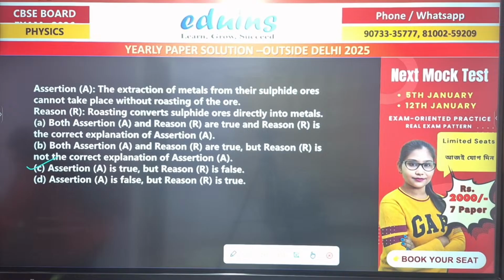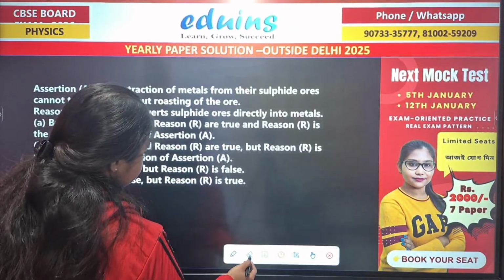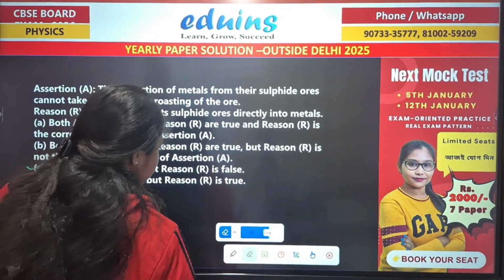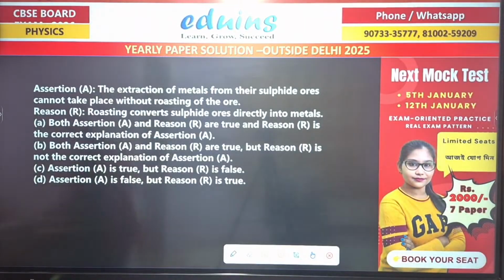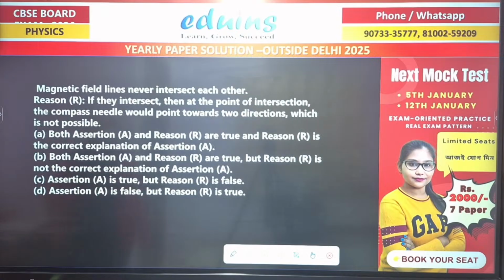So that is the preparation. Okay, right. So the next question is: Assertion, magnetic field lines never intersect each other. Reason, if they intersect, then at the point of intersection, the compass needle would point toward two directions, which is not possible.